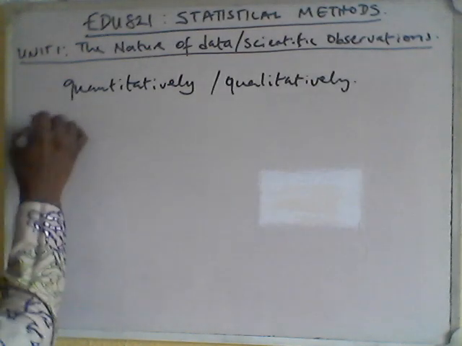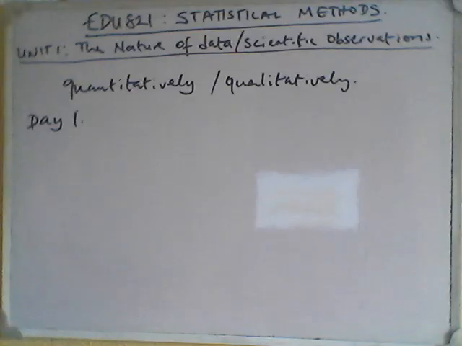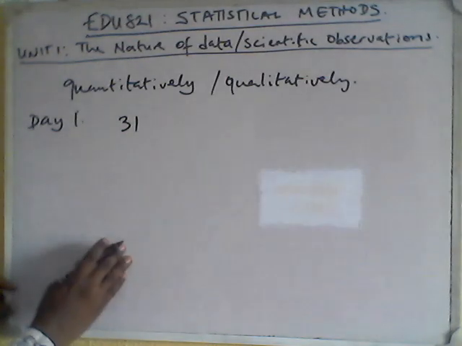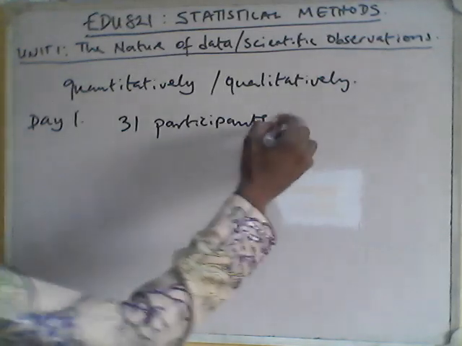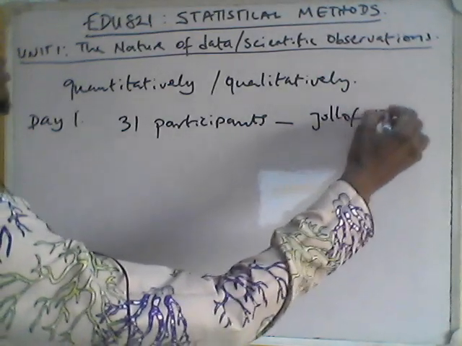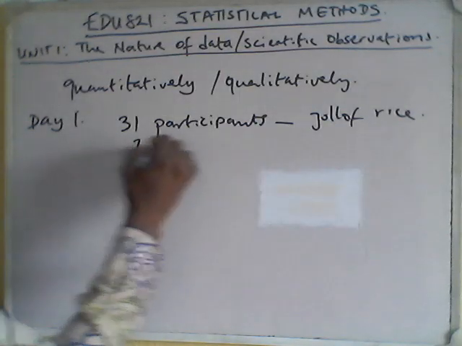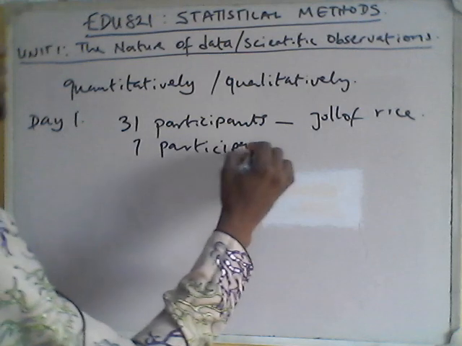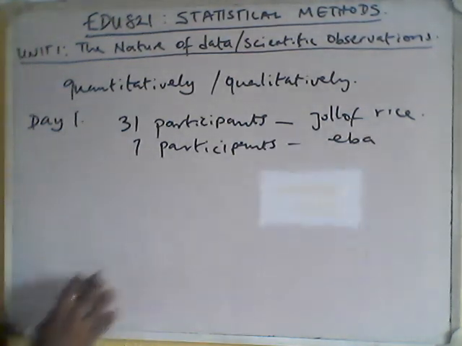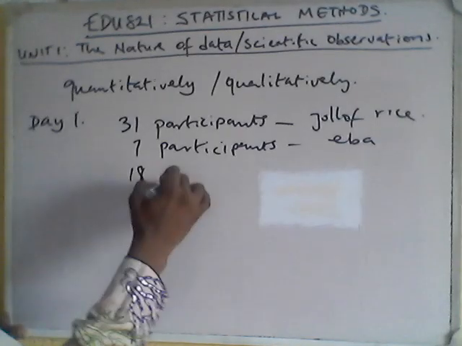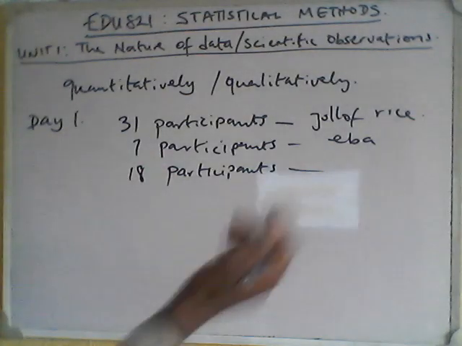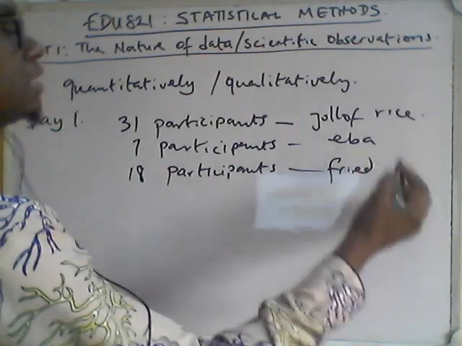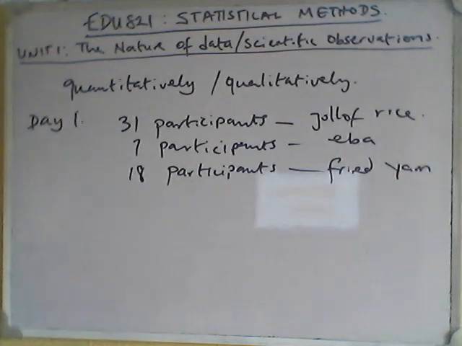On day 1 of that conference, they got this kind of data: 31 participants preferred jollof rice, 7 participants preferred eba, and 18 participants preferred fried yam, or plantain.